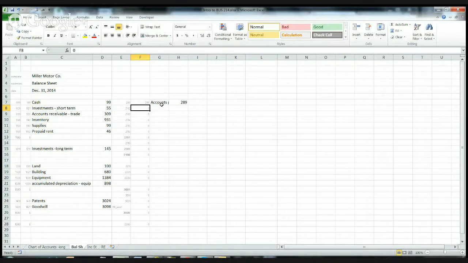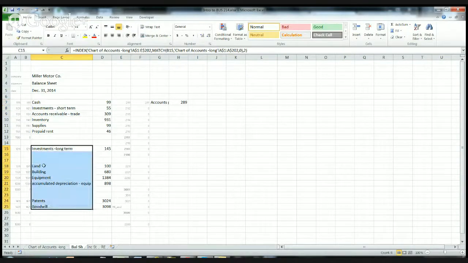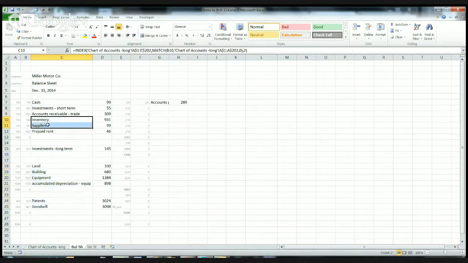Now, where do we get the money to buy these assets? Land, building, we had to buy that stuff. The supplies, the inventory, we had to buy that stuff. Where did the money come from? So we can raise the money one of two ways.